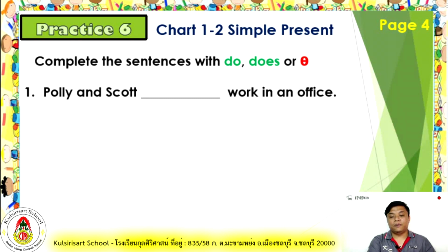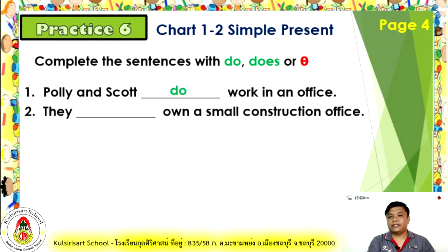Polly and Scott. This is a plural. Do or does? Do. If it's plural, use do. We use does in what? Third person singular. What are those? She, he, and it. Or if you're referring to another person. Okay?